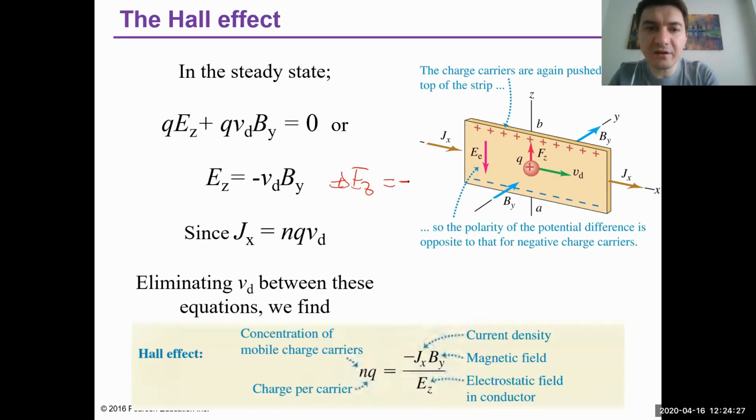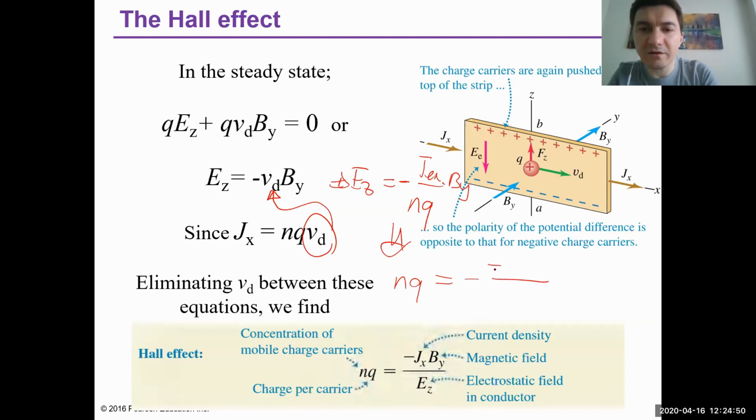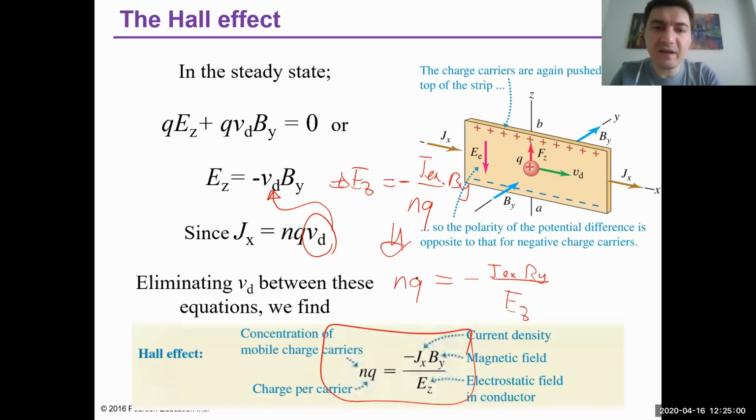Instead of VD, I will use Jx over NQ, okay, times By. Or if you take NQ from that expression, you will get this one, minus Jx By over Ez, okay? This N here is the number of charge carriers in unit volume.